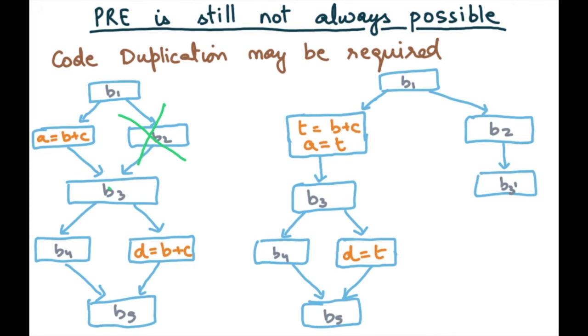So to see that, in this particular example, I have first eliminated this B2 to specialize the code of the second diamond on the left hand side path, and so this is what I get. And on this particular path I've already computed B plus C, so I can reuse that, and so instead of recomputing B plus C, I can just say D equals T, where B plus C is already computed into T. And for the other branch, I copy the original code as it is.